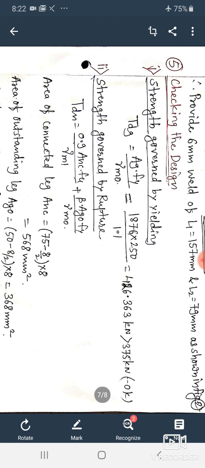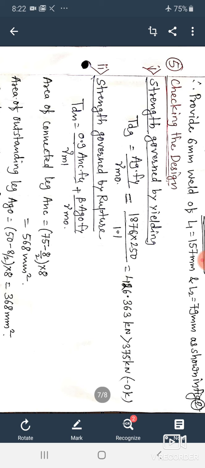Next is check for rupture. TDN equals 0.9 ANC into FU upon gamma m1 plus beta into AGO into Fy upon gamma m0. ANC and AGO are nothing but the area of connected leg and area of outstanding leg. Here there is no deduction of bolt hole since it is a welded connection.